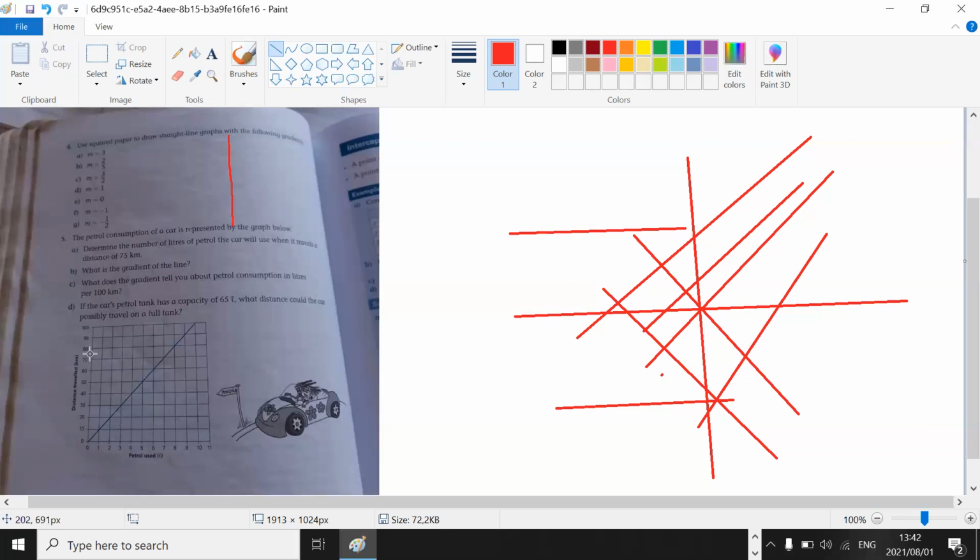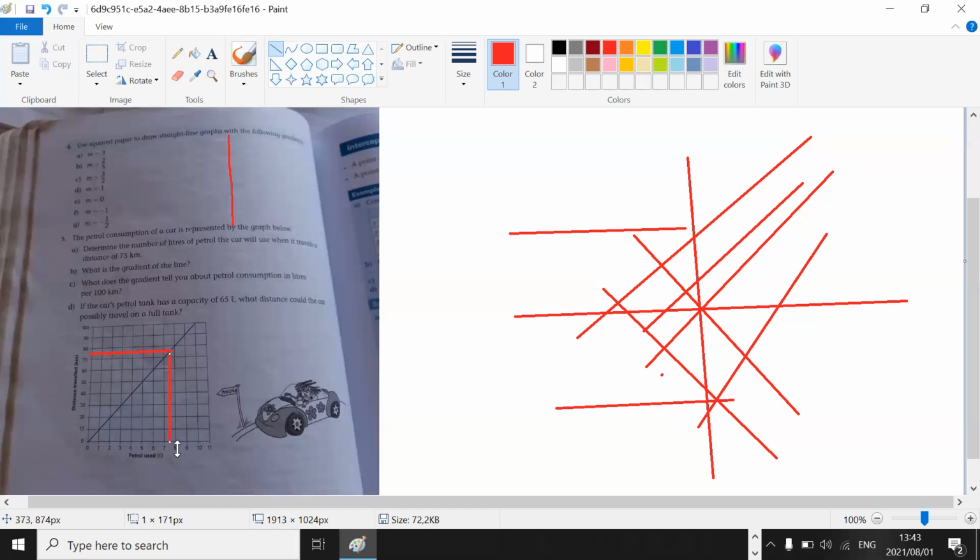For sure, 75 is between 72 and 80, right? It's somewhere in the middle. Yes, you go and check where it intersects the graph. Remember, this is the graph that is given. So where it intersects the graph, you then go down and see where it's going to intersect the x-axis. So you go like this. It's going to intersect the x-axis somewhere between 7 and 8.